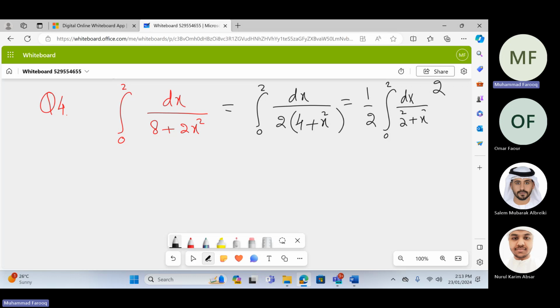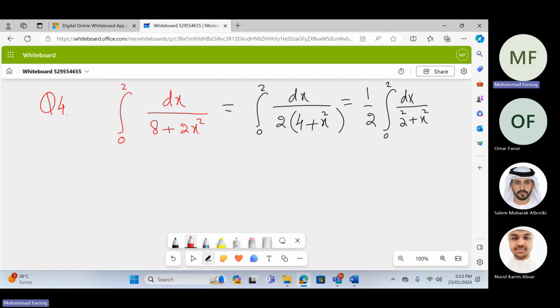Now please try to understand, which format is this? It is a squared plus x squared. So which function does it correspond to? Tangent. It means x will be replaced by a tangent, a tan theta. Who is a?